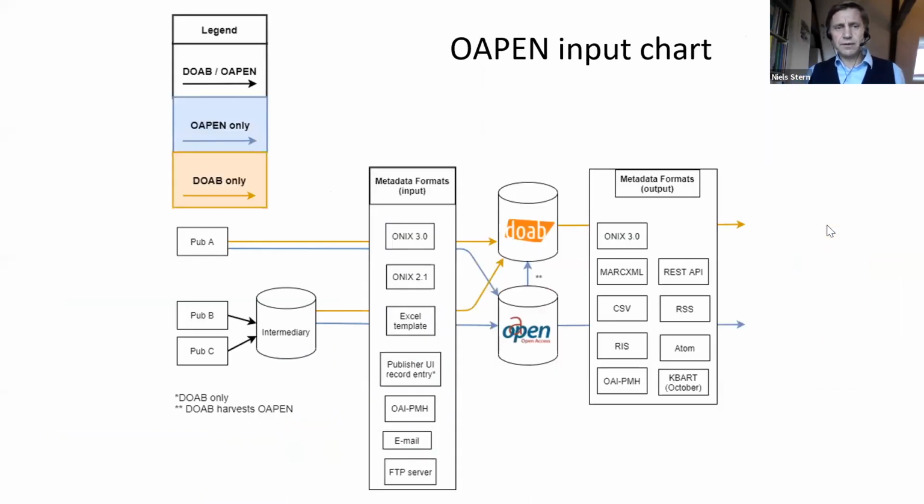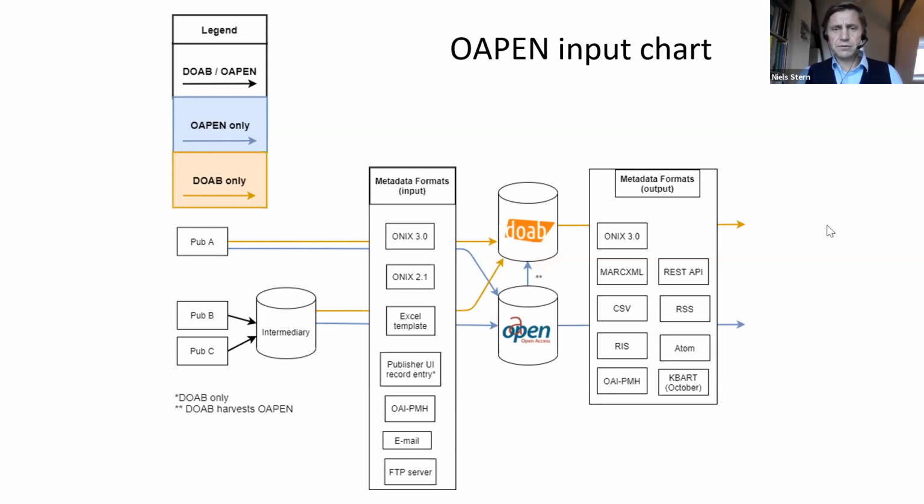Just to show you quickly a basic overview of the metadata flows, which is quite important also for this session. So we get metadata in from the publishers in a variety of ways and formats, from publishers using ONIX 3 or ONIX 2.1.